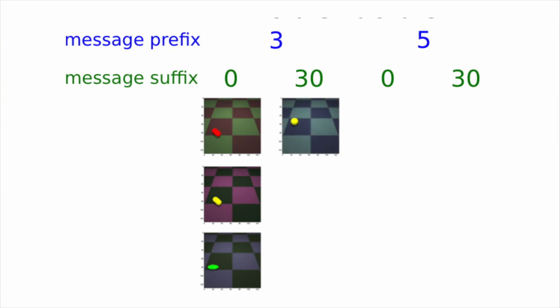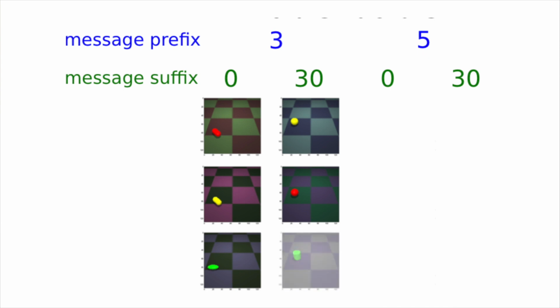And then here's a different message. So this is 3:30. And we can see now it's on the left, but a little bit higher up. And it's yellow, and it's a sphere. Here's another one for the 3:30. It's still a sphere, but now it's red. So it might not be communicating color. But it's in the same position, right? So this corresponds to our previous hypothesis that maybe it's communicating position.